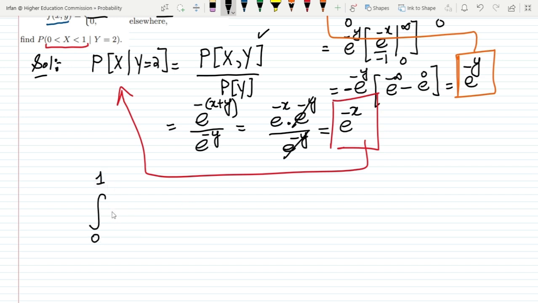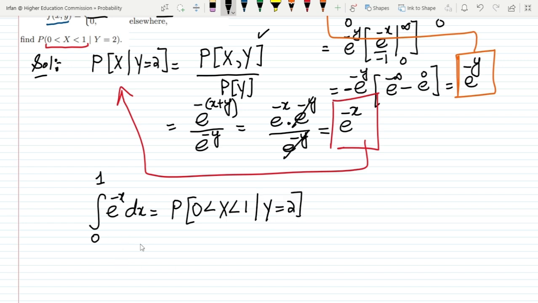Writing the value, which is exponential of minus x, and integrating it with respect to x, it will give me the probability that x is greater than 0 and less than 1, given that y is equal to 2.